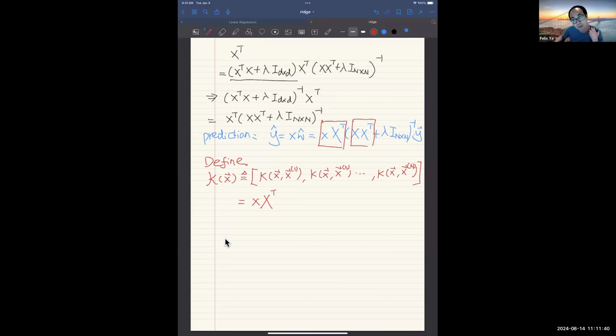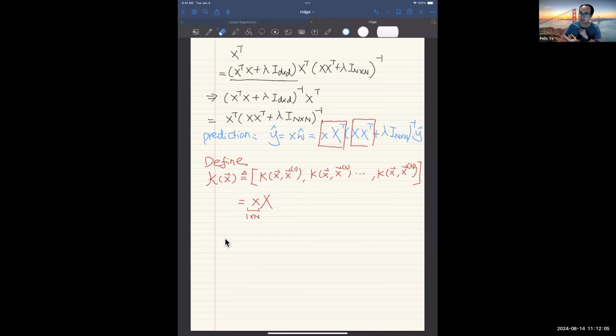So this is 1 by n. That would be x, and then m by d, m by d.